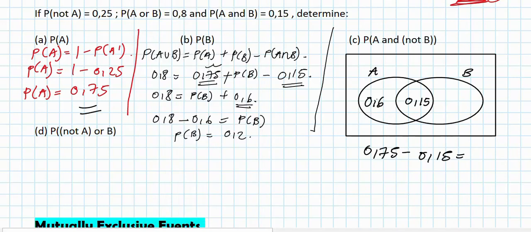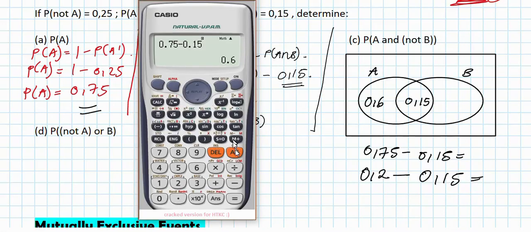And then to find the value for B, I'm going to do the same thing. How much did I have for B? I actually had 0.2. So I'm going to say 0.2 minus 0.15. How much do I get for that? Let's just use a calculator. 0.2 minus 0.15.